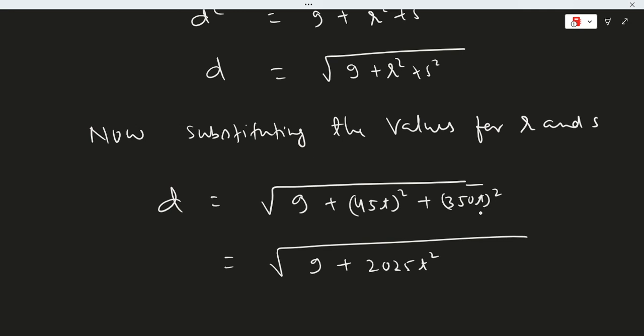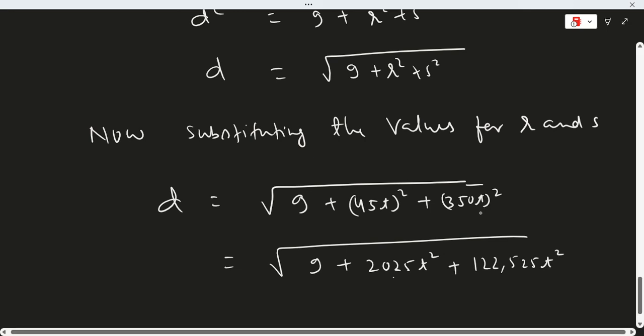we need to do the calculation. So here it is 122,500 t squared.